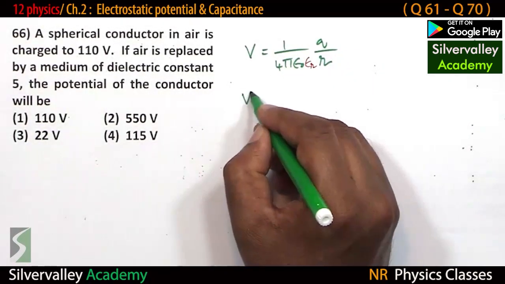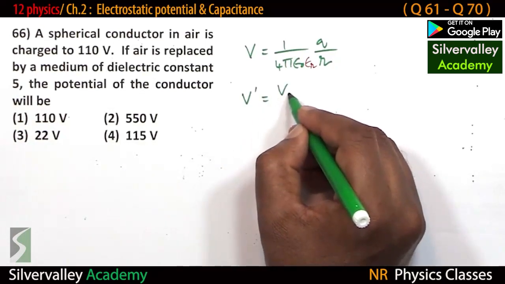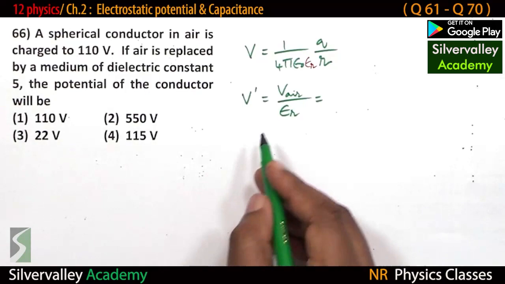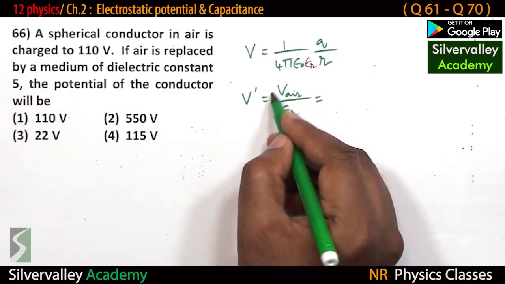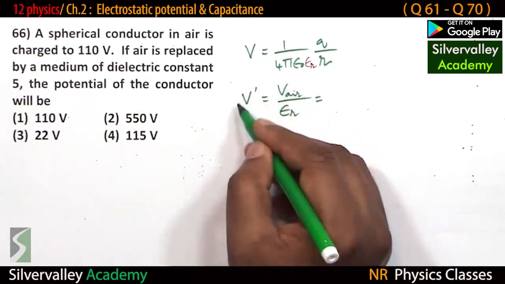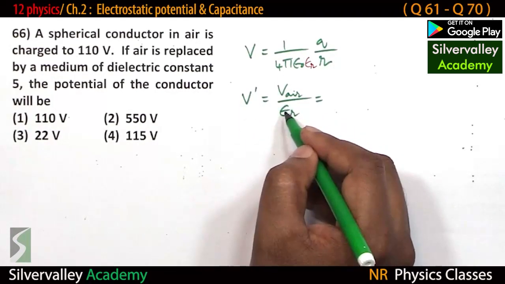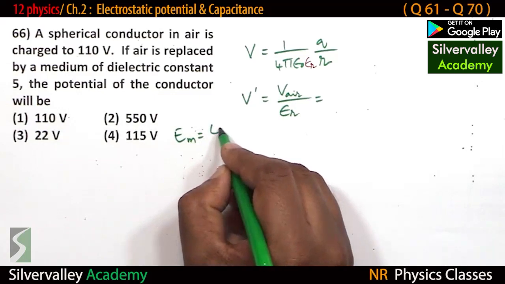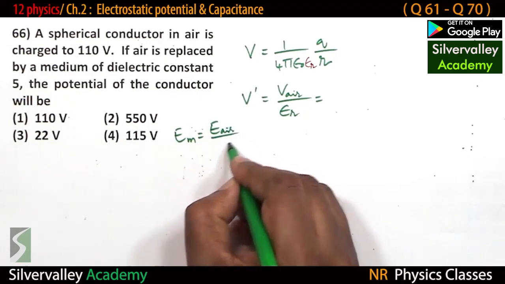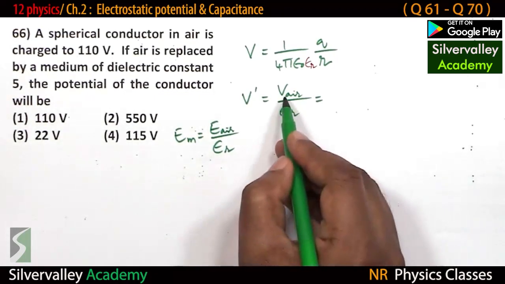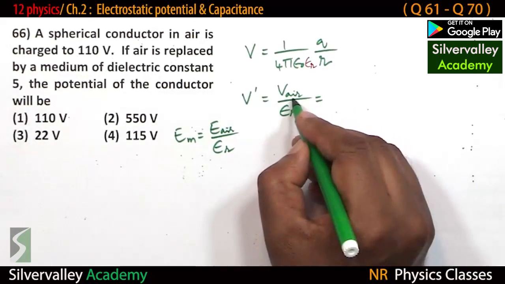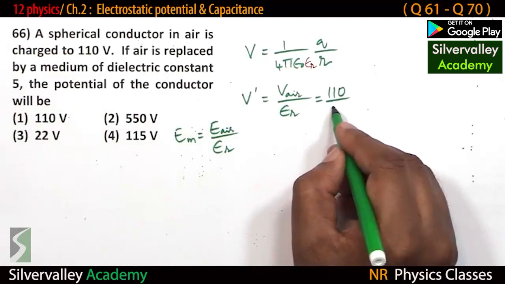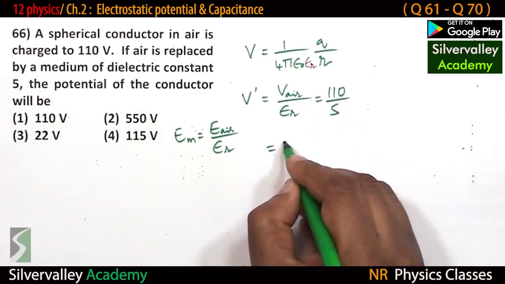So potential equals potential in air by epsilon r. We have seen such a relation in the first chapter, electric charges and fields, isn't it? There it was electric field in medium equals electric field in air by epsilon r. Now with respect to potential: potential in air is 110, epsilon r is 5, so it equals 22.